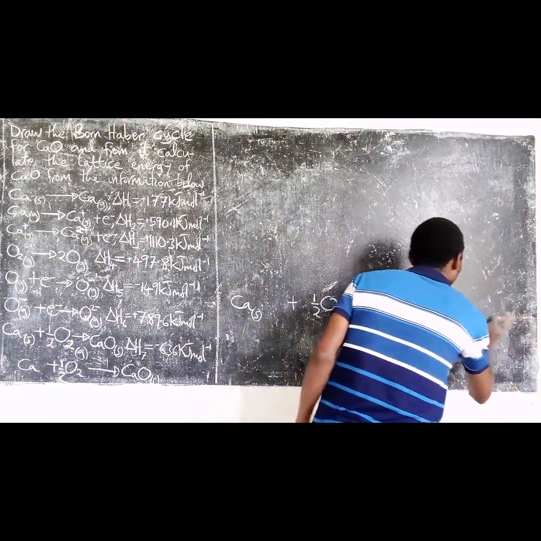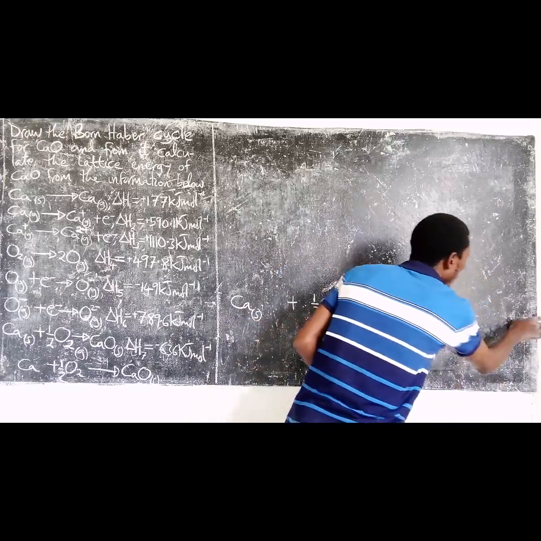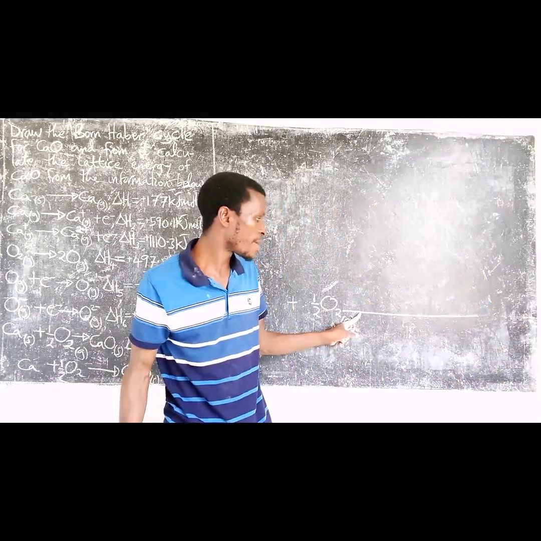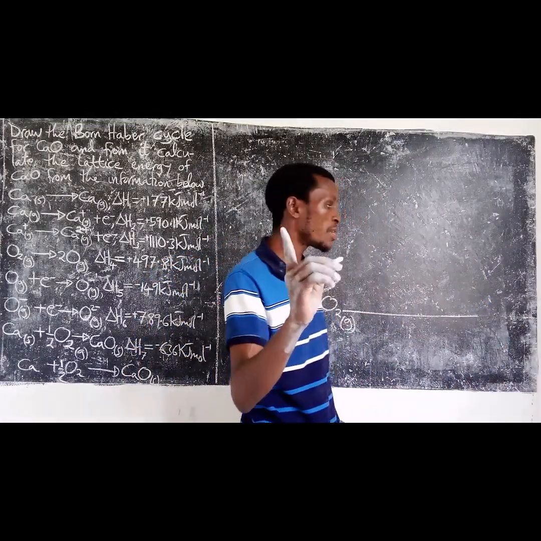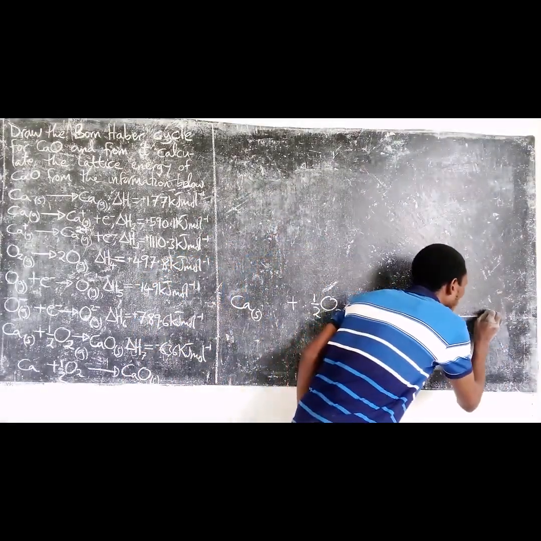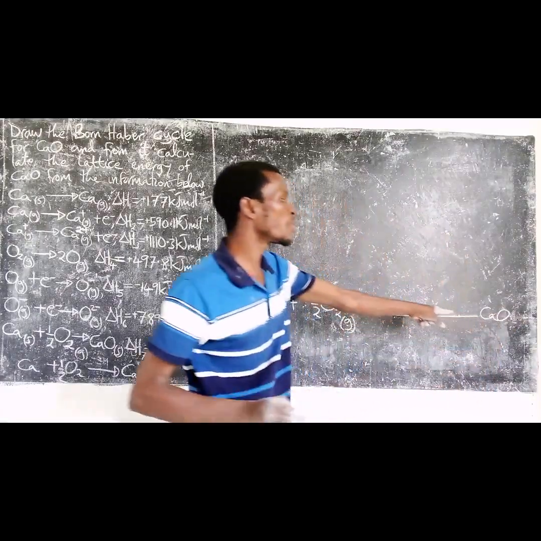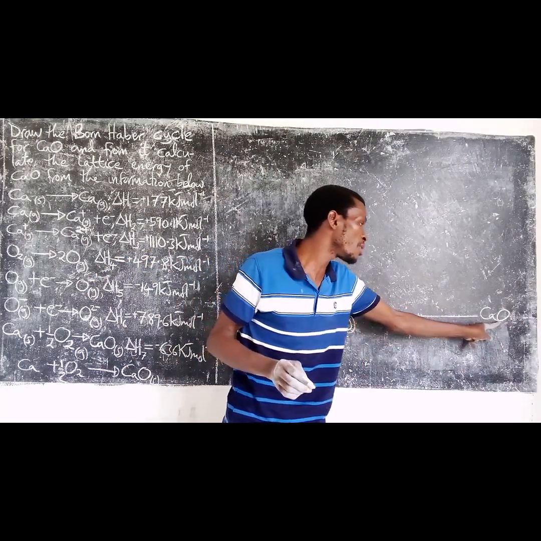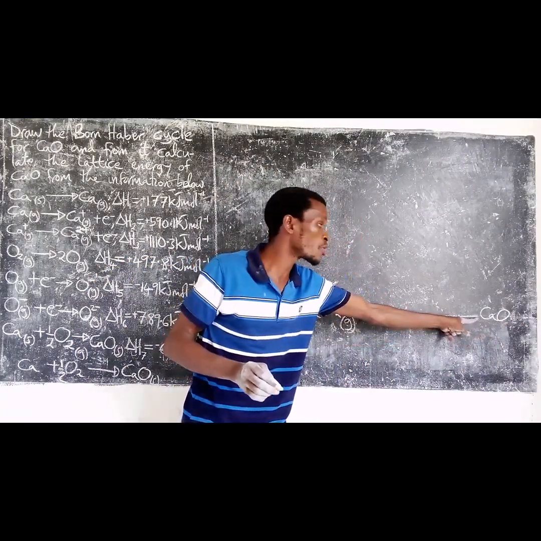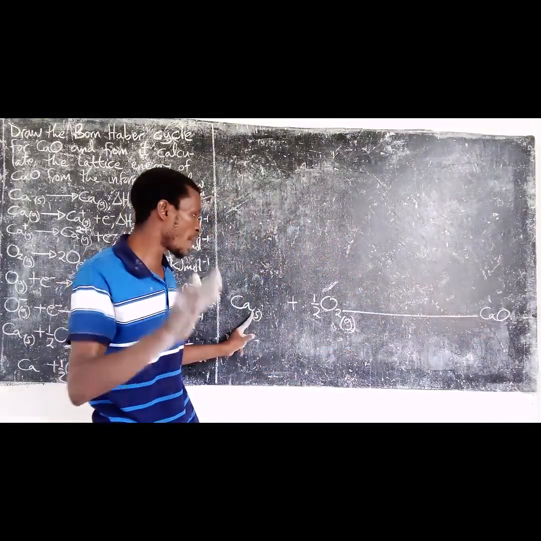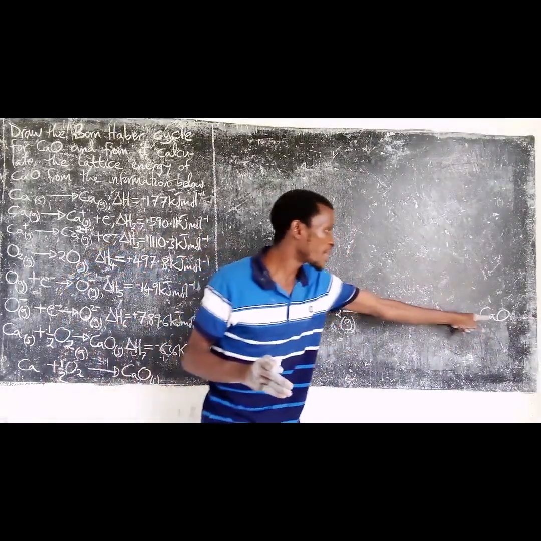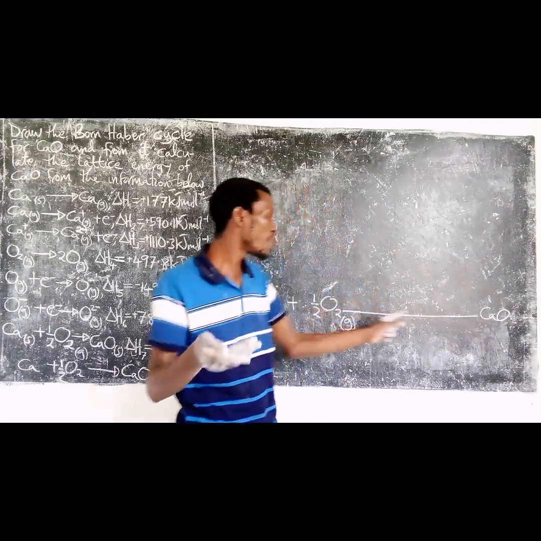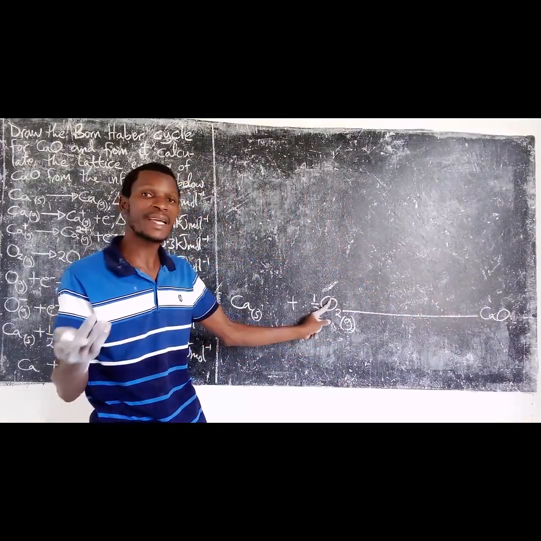Now, you are not allowed to write anything in front of this horizontal line. Other students and teachers tend to be confused. They tend to write the product, calcium oxide. Don't write it. Why? Because writing the product in front of this horizontal straight line indicates that the product formed has a heat of formation equal to the heat of formation of the reacting elements.